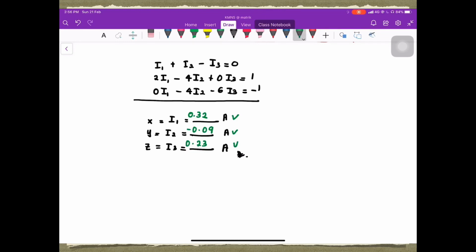Now, what is the meaning of the negative sign here? It means a different direction.